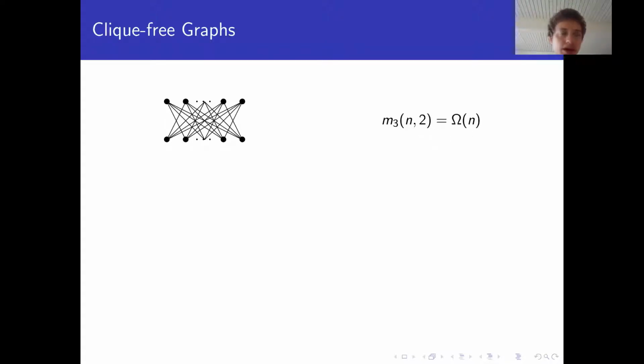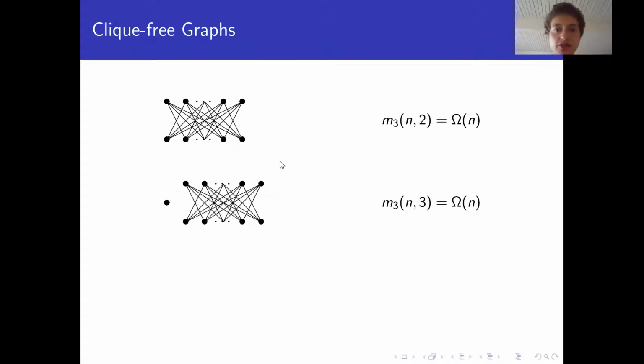Now, if you want to do 3-MISs, one thing you can do, so it's not obvious it's the best you can do, in fact it isn't, but anyway, it's decent, is you can take a co-matching together with one isolated vertex. Because now any set which consists of this vertex and a non-edge in your co-matching will be a 3-MIS. And basically the number of ways to do this is exactly the number of 2-MISs in the co-matching, of which there are about n.